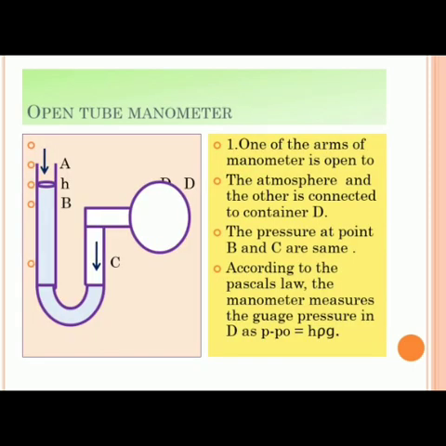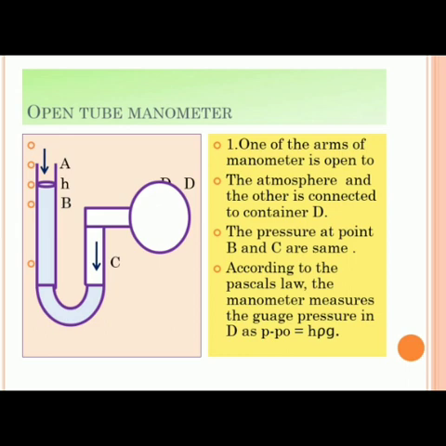There is one more instrument which measures pressure, and that is known as the open tube manometer. As you can see in the diagram, students, there is a U-shaped tube attached to a container called D. One of the arms of the manometer is open to the atmosphere and the other is connected to the container D. The pressures at points B and C are the same.